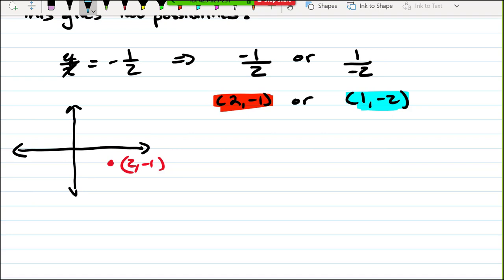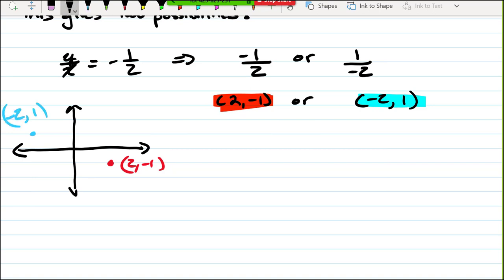I wrote that incorrect. Y over x, yeah, that guy's backwards. I was like, something is not right there. So y over x, so negative 2 and 1. Much better. So negative 2 and 1 would be right here.